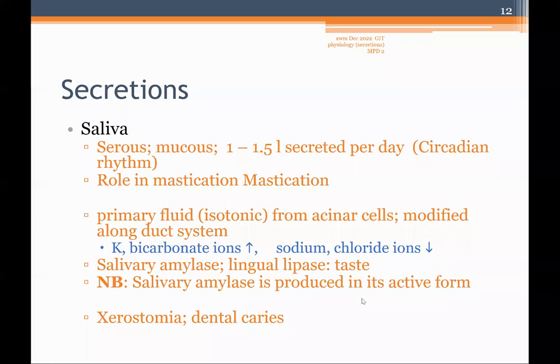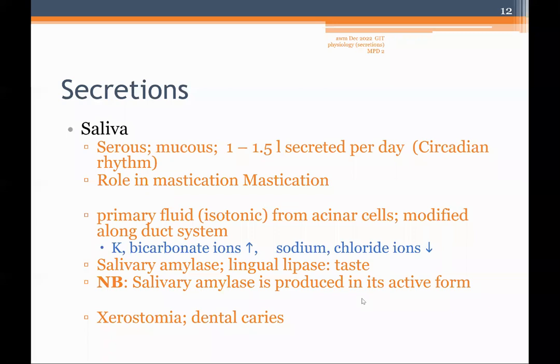So as we said, you've got two types of saliva, serous and mucus saliva. The parotid gland secretes purely serous. The submandibular and sublingual glands produce a mixed mucus and serous saliva. And in total, we have about 1 to 1.5 liters secreted per day.